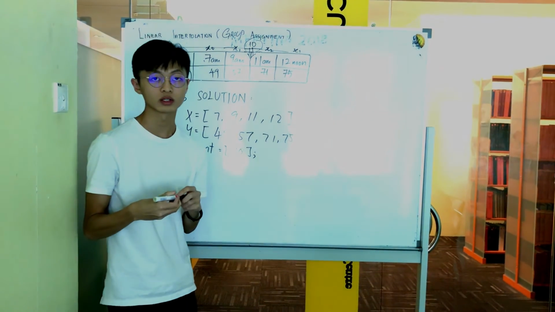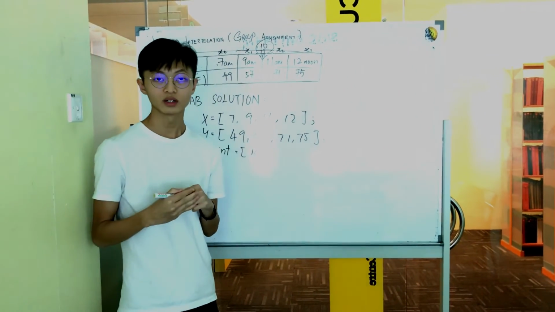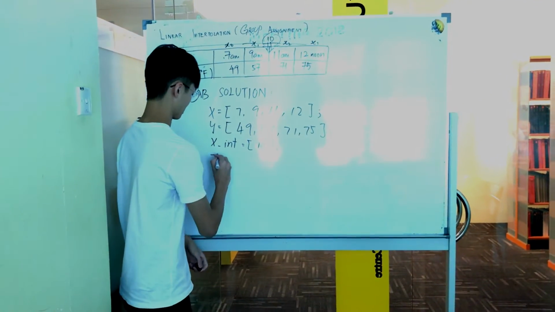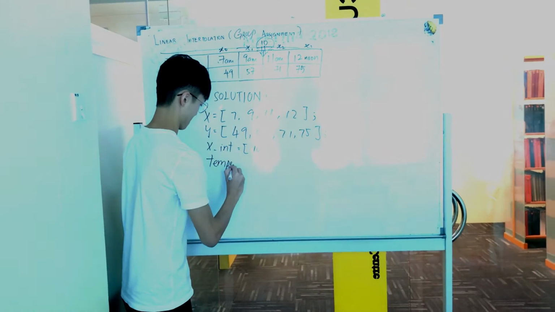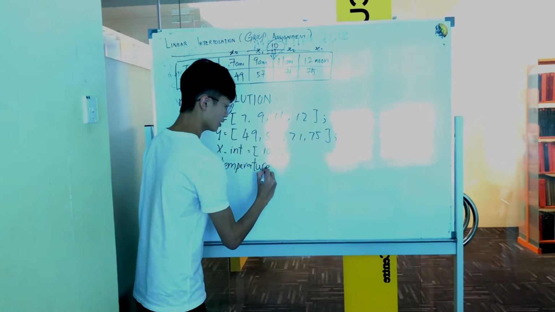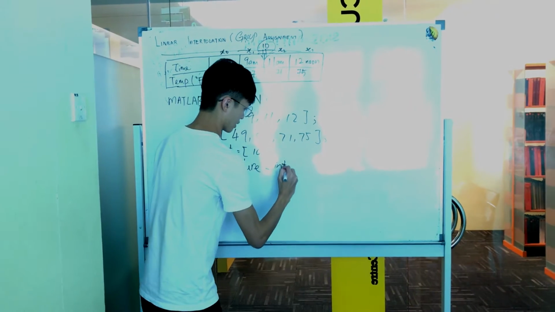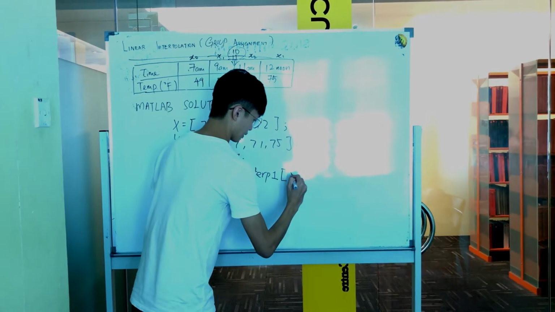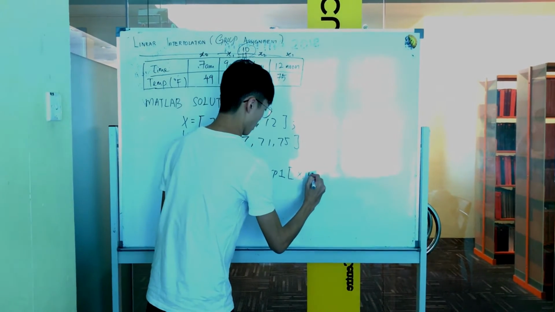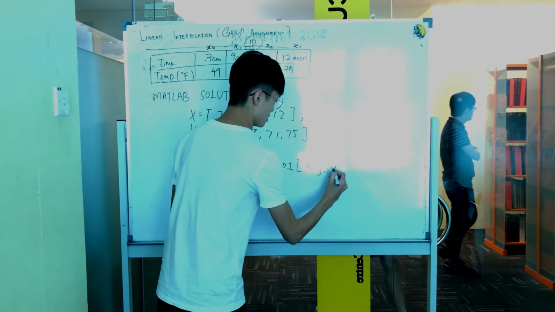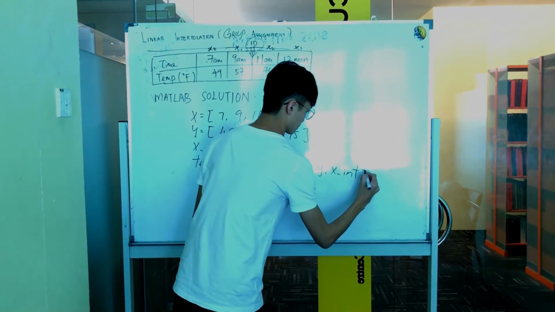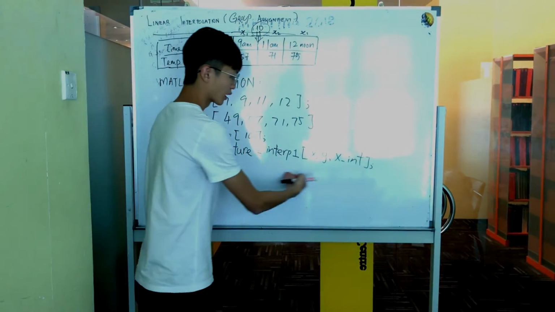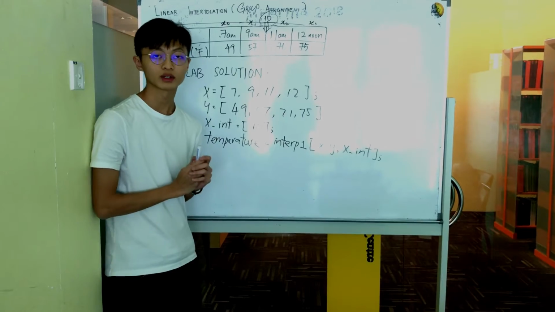And now I will show you the interp1 formula to get the interpolation value. So temperature equal to interp1 of s, y, s in. By this solution, we can get the answer after you run the test.